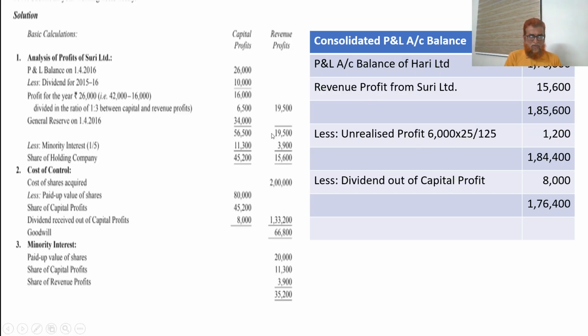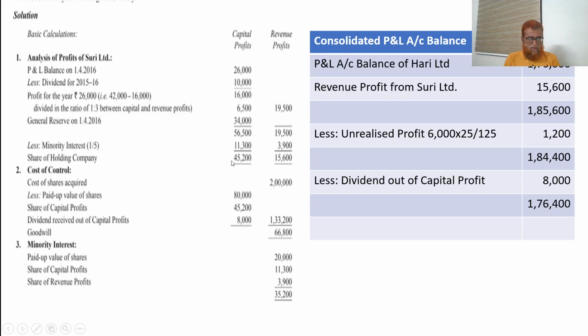Minority interest: 56,500 into 1/5 gives 11,300. And 56,500 into 4/5, that is my majority share or holding company share, is 45,200. Okay, this will go to the balance sheet.